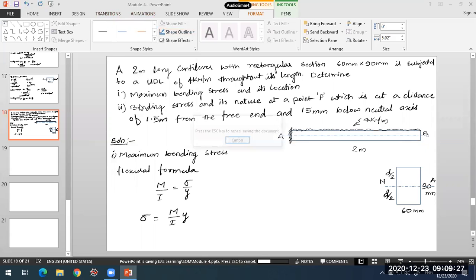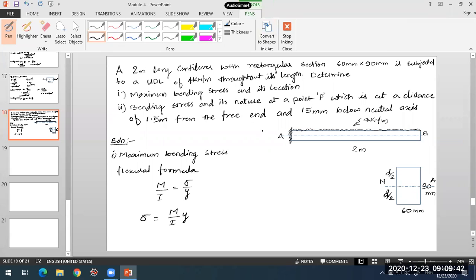Okay, now once we know the neutral axis, we'll go for determining the maximum bending stress. To measure my distance y, distance of extreme fiber, I require the position of neutral axis first. With respect to that neutral axis, we are finding the distance y over here. Here it is exactly at the mid depth, right?